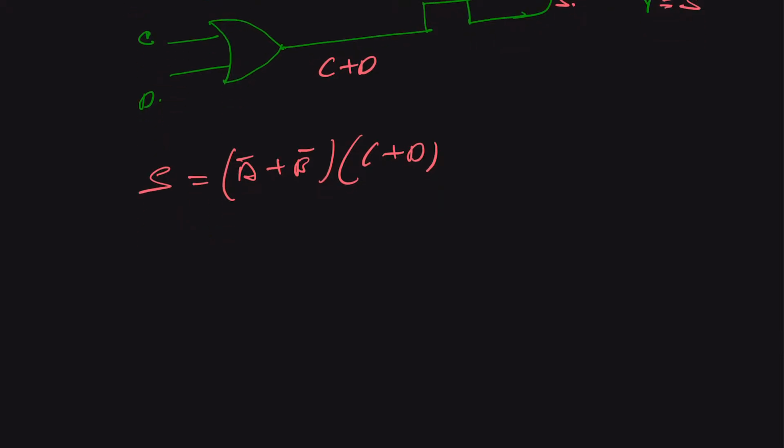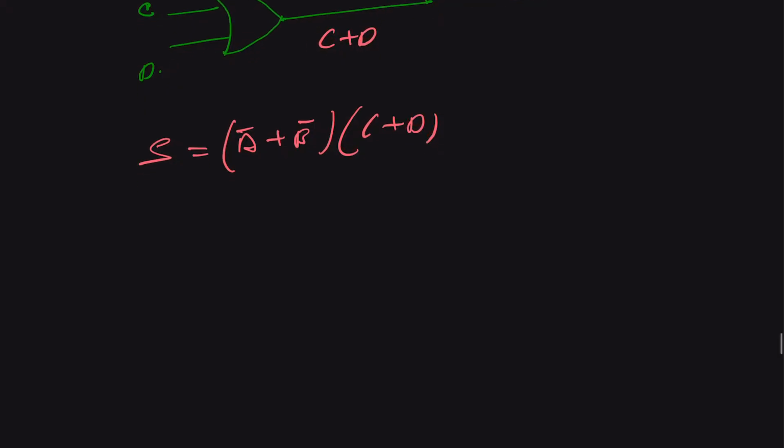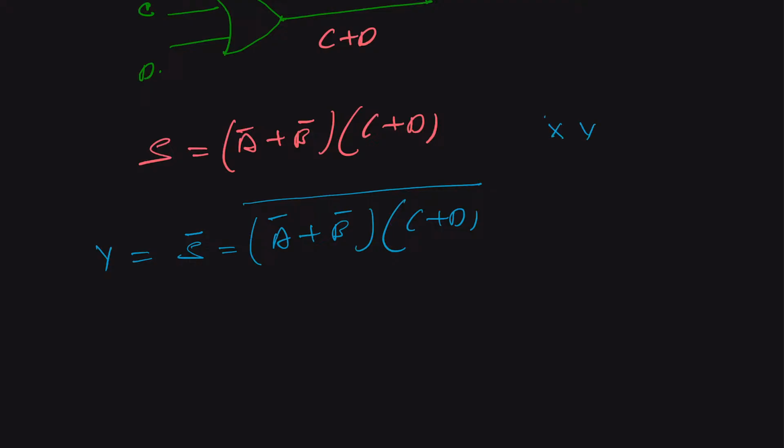Therefore we can write that our Y is our S complement, so this comes as A complement plus B complement times C plus D, and this is our whole complement. And for complement there is a theorem, you can write it as the whole complement will be equal to the summation of individual complements.